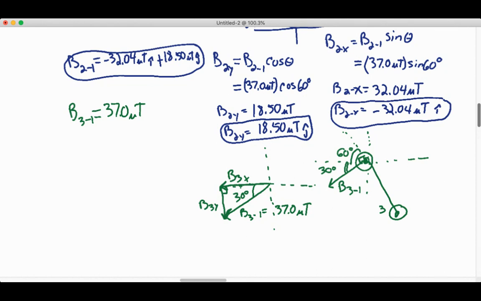So if this angle here is 30, this side, the y side, is going to be the sine one. So what does that mean? You're going to end up with B3y is equal to B3 on 1 sine of 30 degrees, which, what did that end up being?